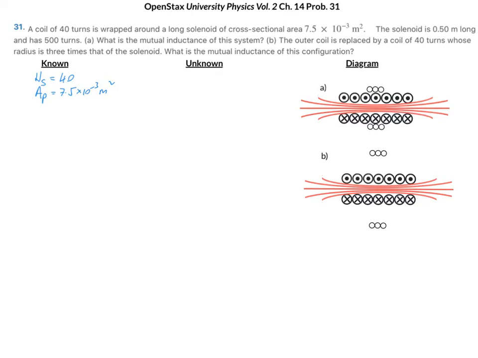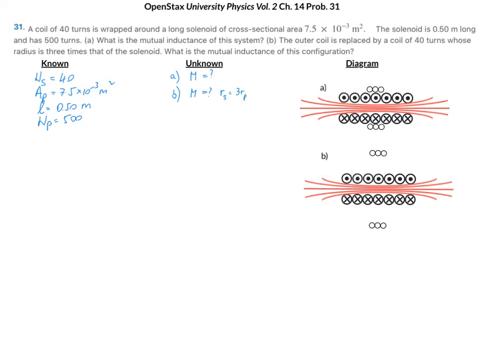Then we know that the solenoid is 0.5 meters long, and the number of turns of the solenoid, the primary, is 500. In part A, we're looking for the mutual inductance. In part B, we also want the mutual inductance, but this time R of the secondary is 3 times R of the primary.